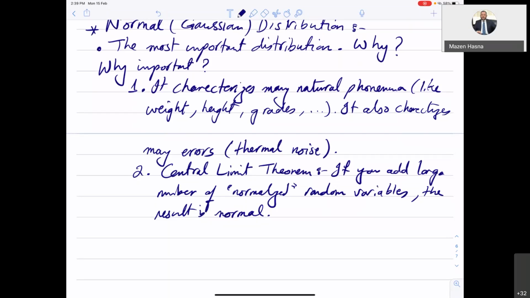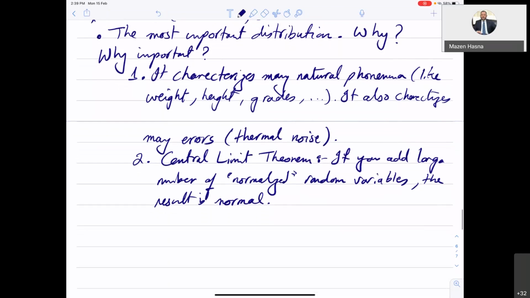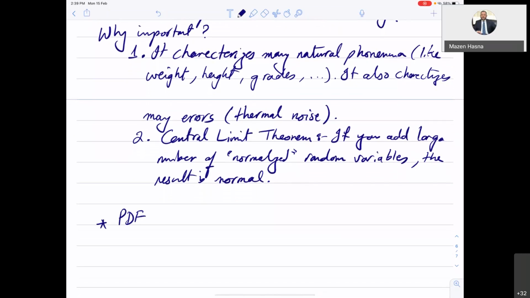Right. So this is the normal distribution. What's the equation for the normal distribution? The PDF of a normal distribution is a bit nasty.